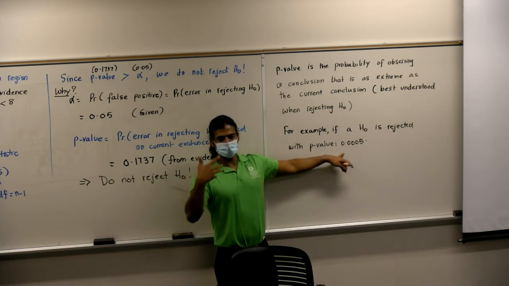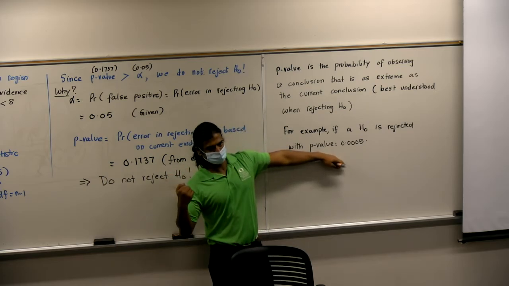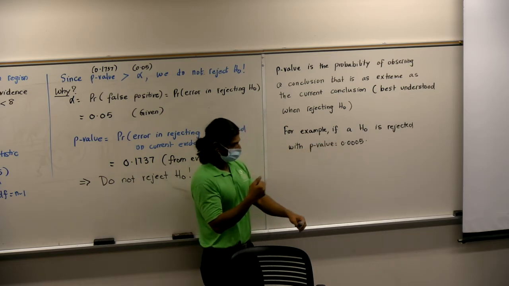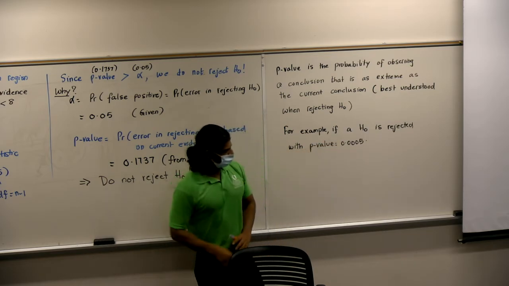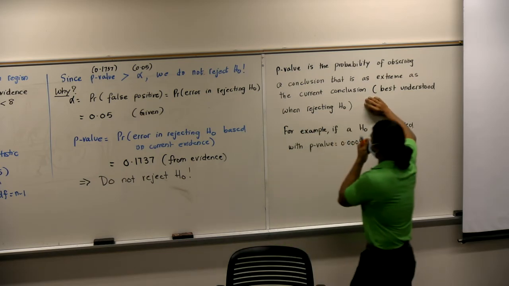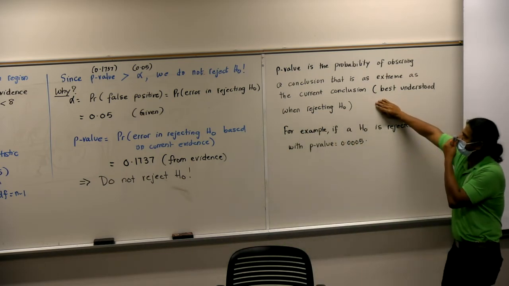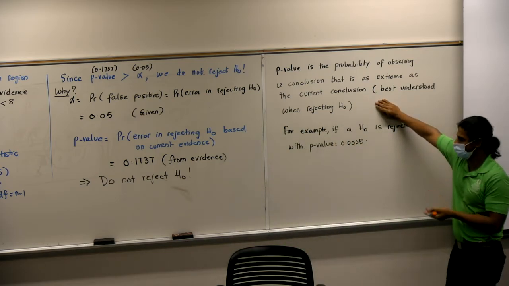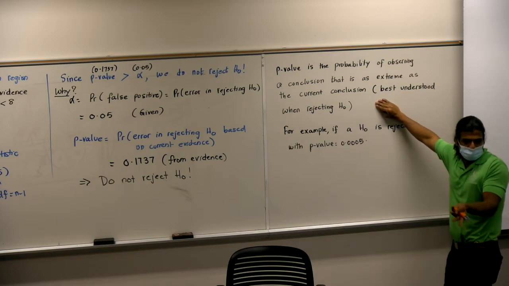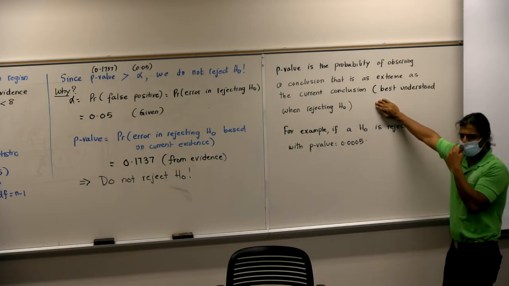Would you consider that there is an effect or no effect? That there is an effect. In our case, the probability of observing a conclusion that is as extreme as the current conclusion, well, it's not extreme to begin with, right? Because we did not reject the null.